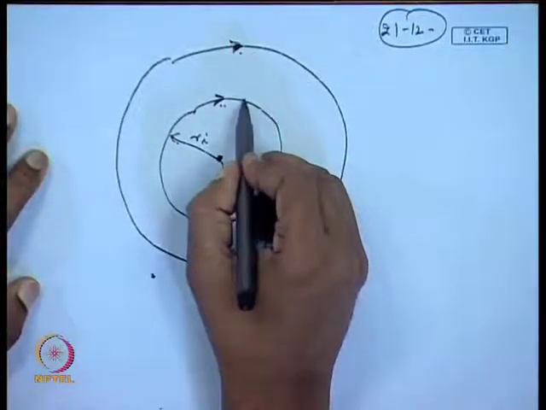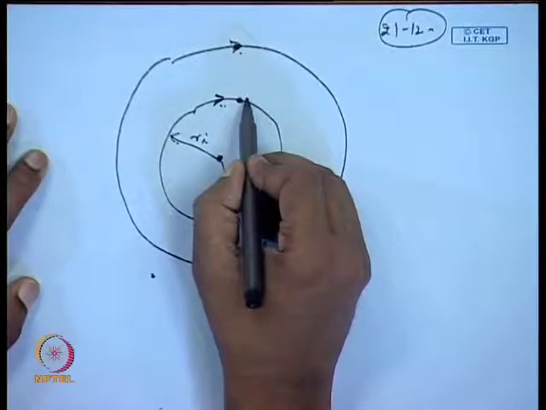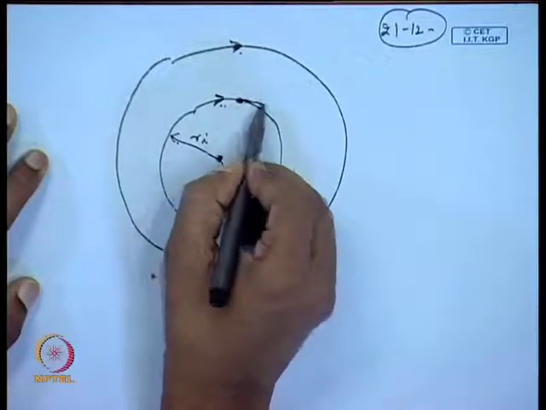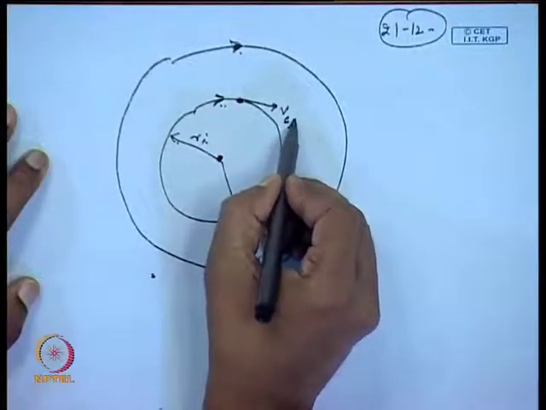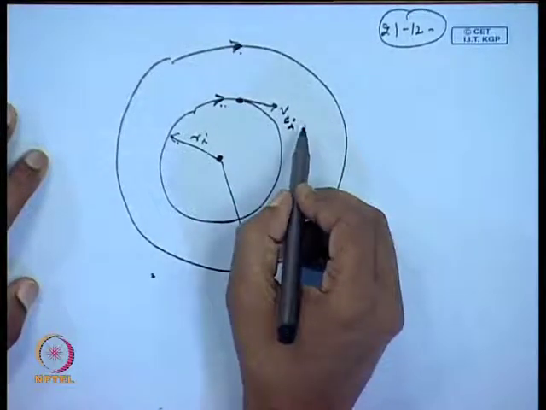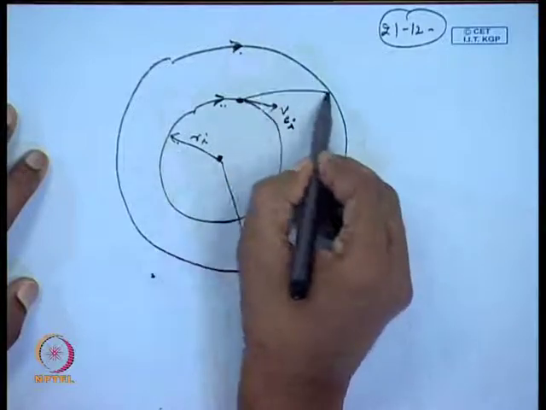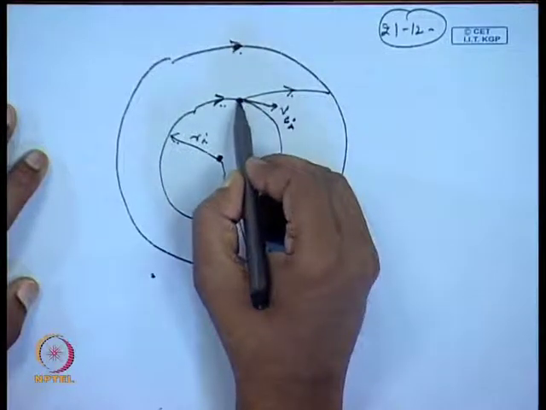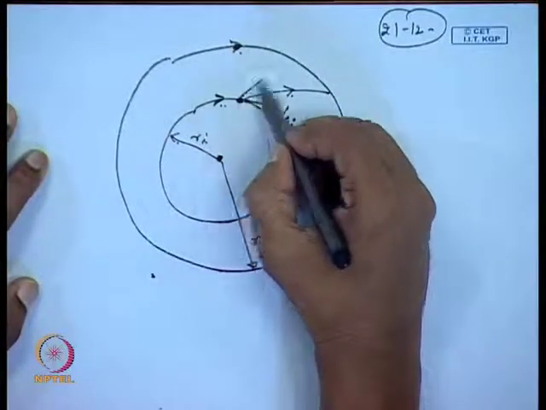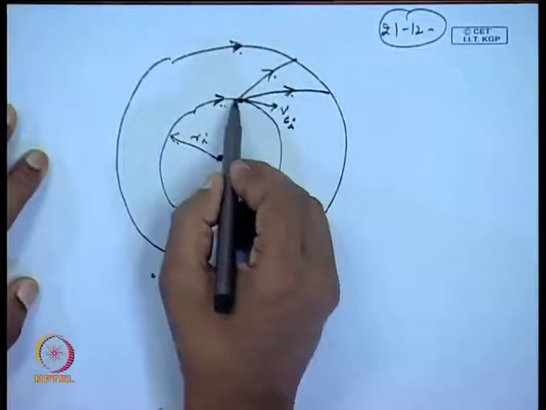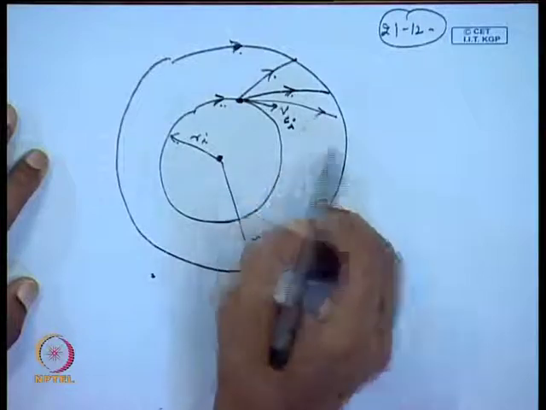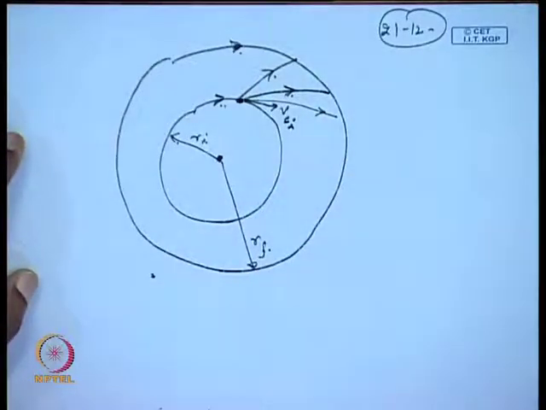It is possible that I can give an impulse here in this place. Suppose this is your velocity vector v circular in the initial orbit, and I can send it along any of the trajectories. I can send it like this, or I can send it in this orbit, this way. Various possibilities are there.